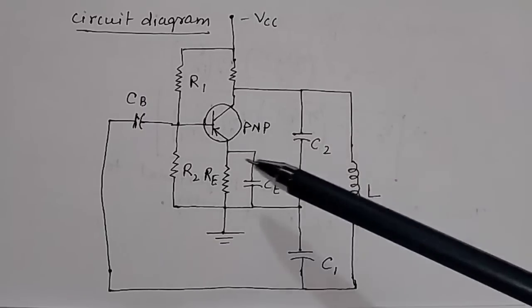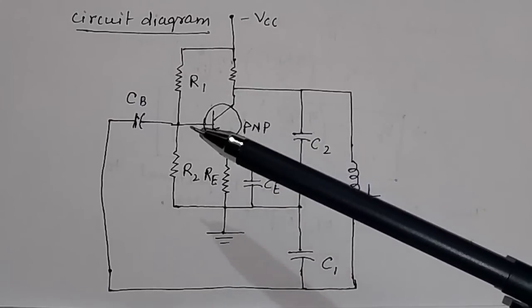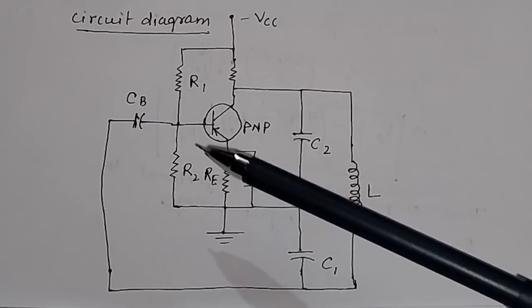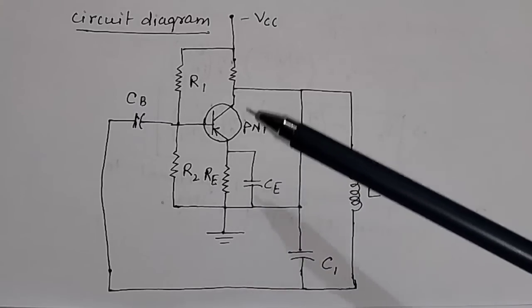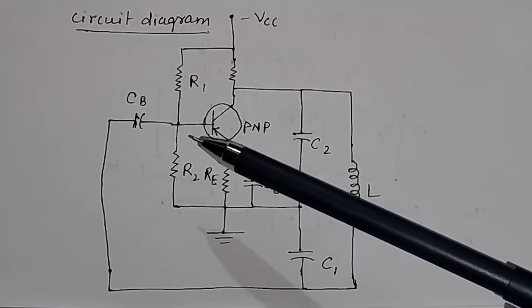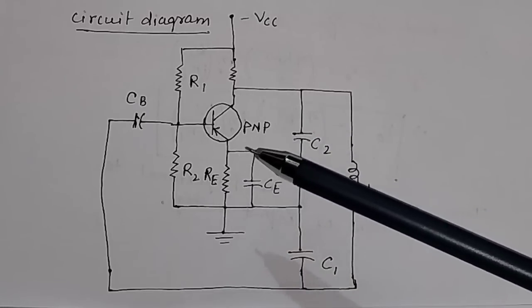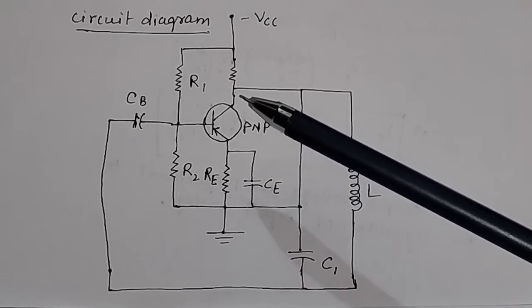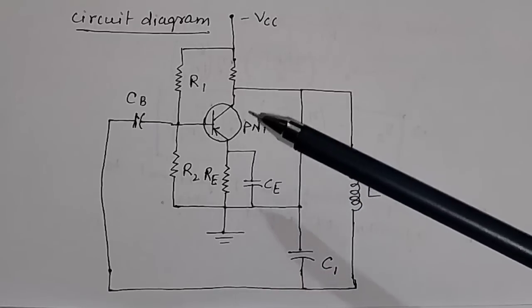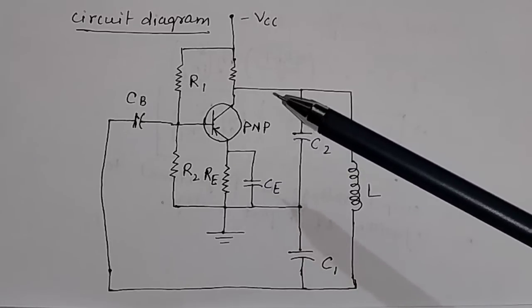Look at this diagram: this is your emitter, this is your base, and this is your collector. Base and emitter form the input, and emitter and collector form the output. So when you apply a signal to this input, the output has a phase shift of 180 degrees, because this transistor produces an output 180 degrees out of phase with the input.